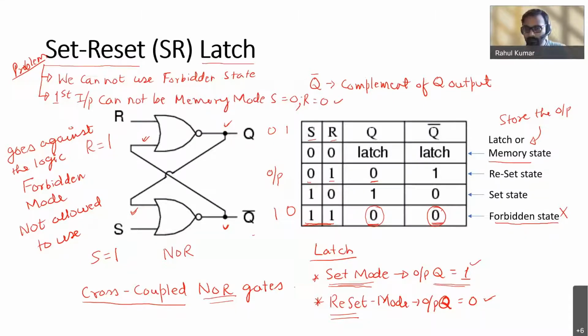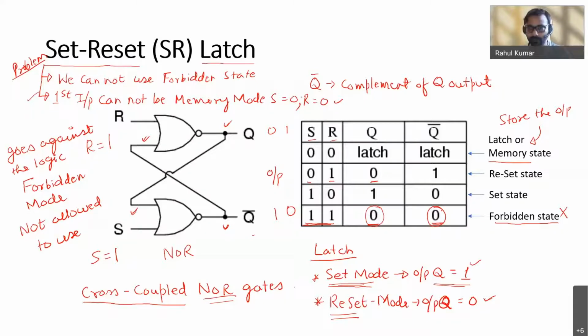Okay, so in the class notes I've explained the working of this flip-flop or this latch, right? If you are interested, you can go through it. I've also demonstrated what would happen if your first input is memory mode, right?